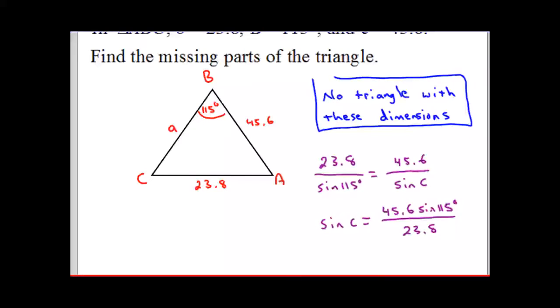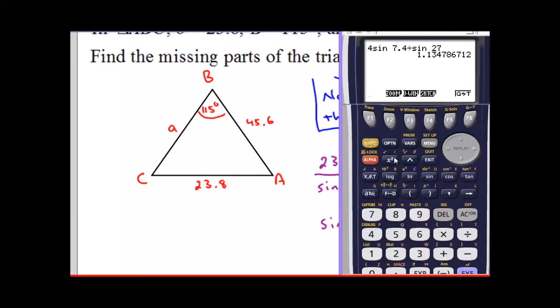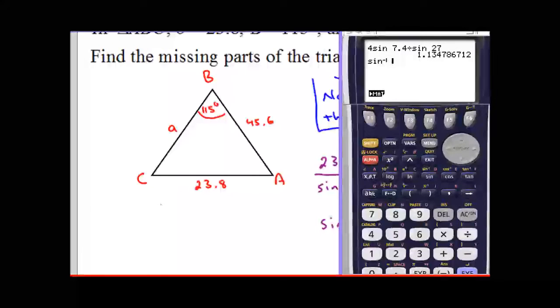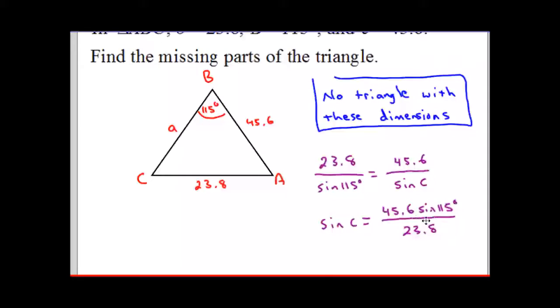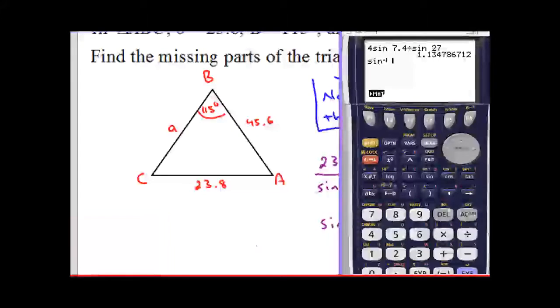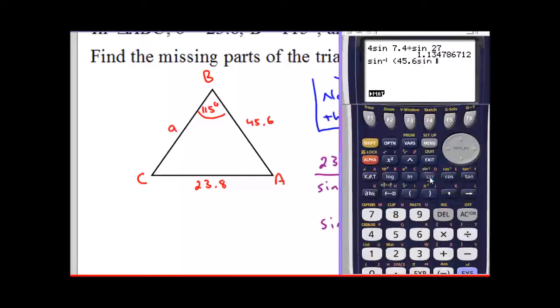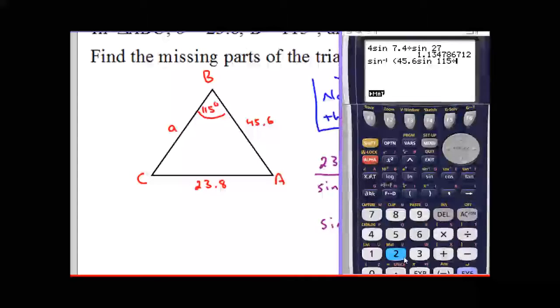To find C on my calculator, I do the inverse sine of, in parentheses, 45.6 times the sine of 115, and then I divide it by 23.8.